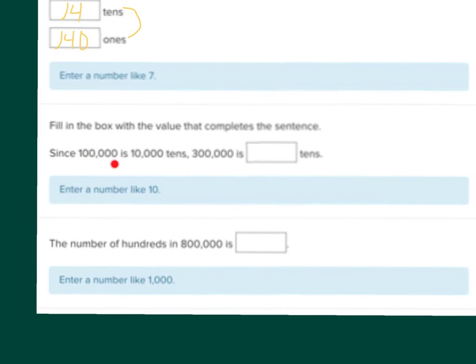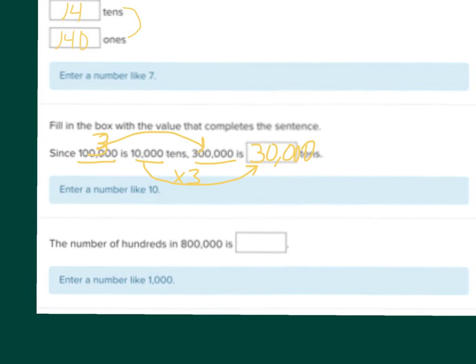Since 100,000 is 10,000 tens, 300,000 is 30,000 tens. 100,000 is 10,000 tens. 300,000, that's 3 of those, which means that the number in the box needs to be 3 10,000s, which is 10, 20, 30,000.